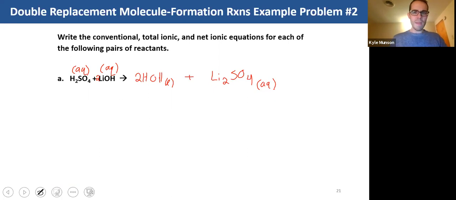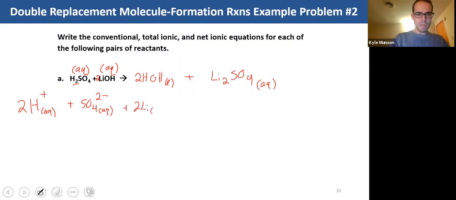Now when you break this apart into its ions for the total ionic equation, you're going to have a proton, hydrogen, aqueous, we have 2 of them, plus the sulfate anion, plus 2 lithium ions, lithium ion batteries.